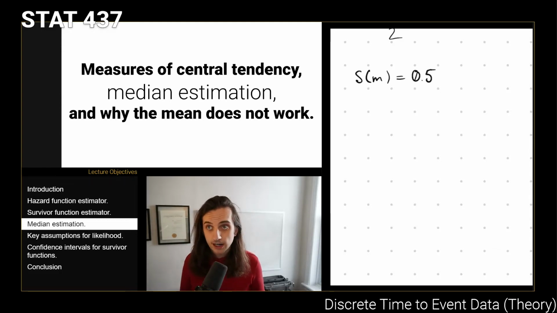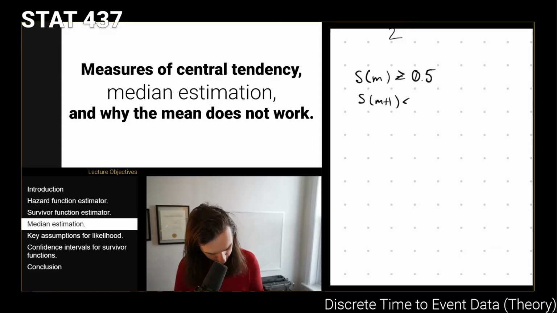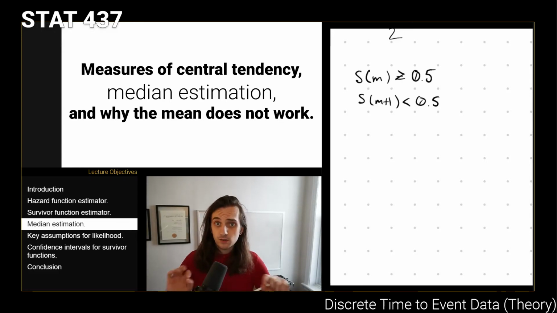Or, more correctly, in the discrete time case, we need S of m to be greater than or equal to 0.5, and we need S of m plus 1 to be less than 0.5. So we're looking for some value of m that corresponds to this, and then we can just read off that value of m, because we have those life tables, we have our survivor functions, we know how to estimate them. All of that works out nicely.